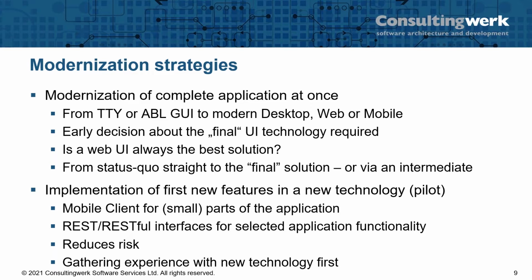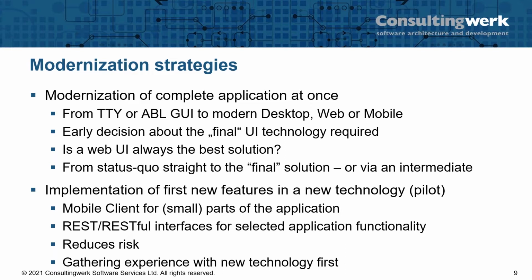And that very often leads to considerations where instead of going from the status quo straight into the final solution, we go via an intermediate. And the intermediate might be that within the existing GUI application, we embed either a new desktop UI or a web UI that is then using business logic that could be used for any of the front ends that may come.